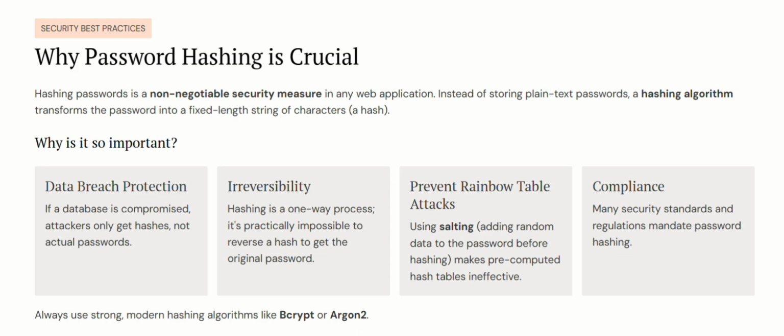So we always use password hashing to protect our data from hackers, and we can use strong modern hashing algorithms like Bcrypt or Argon2. Here are the mentioned importance of password hashing: data breach protection, irreversibility, prevent rainbow table attacks.